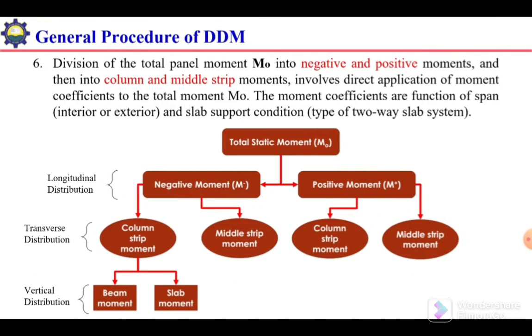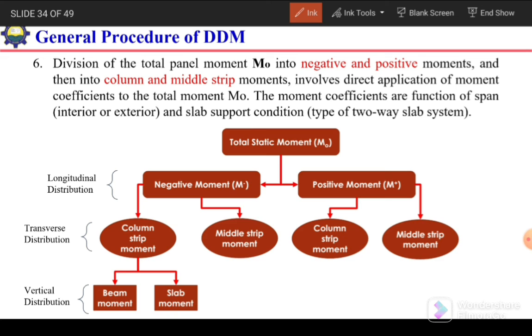Okay, the last step is division of the total panel moment M0 into negative and positive moments and then into column and middle strip. This distribution of M0 into negative and positive moment and column and middle strip is based on coefficients.